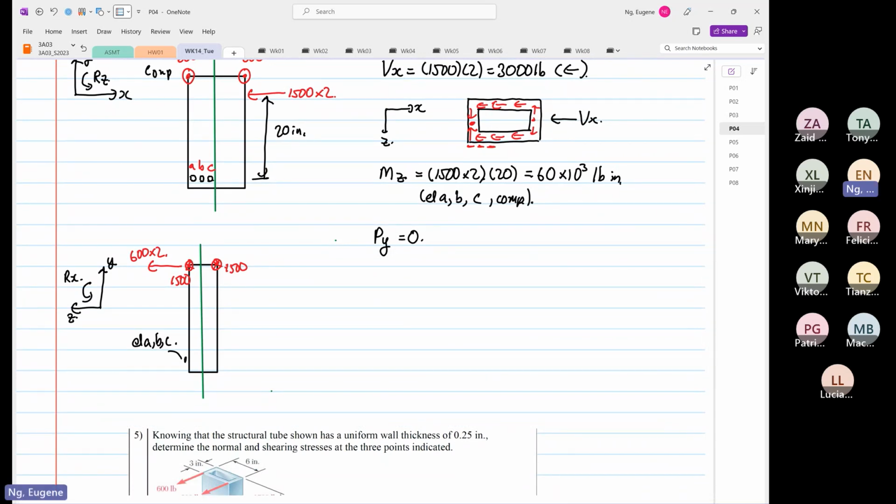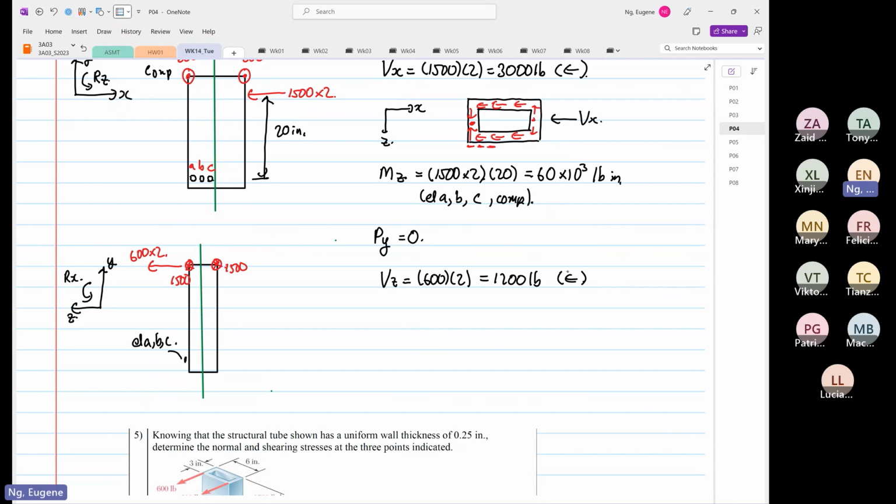So we now know that our Vz is equal to 600 times 2, which is equal to 1200 pounds, and it's going to be in this direction.